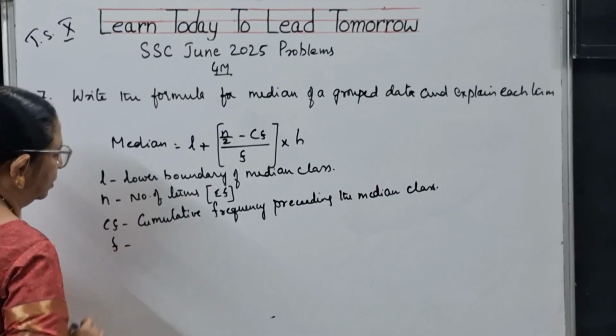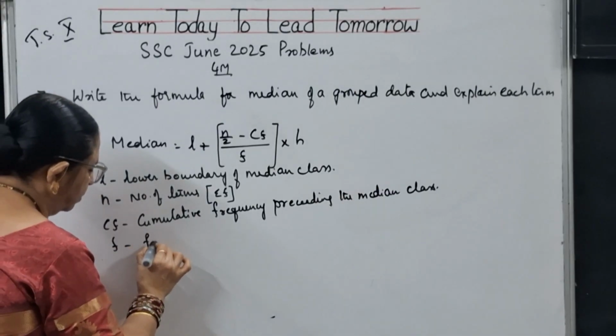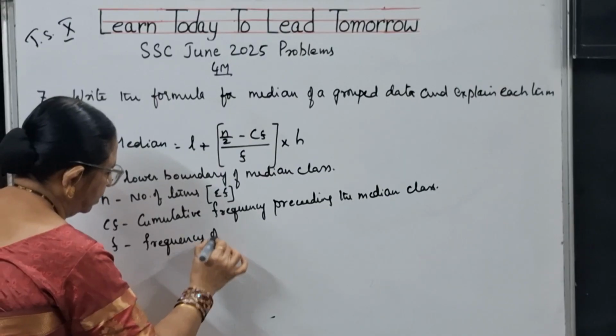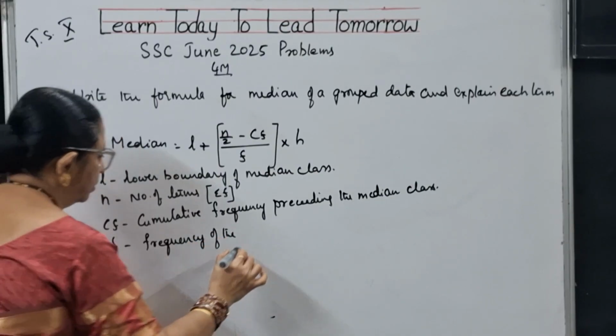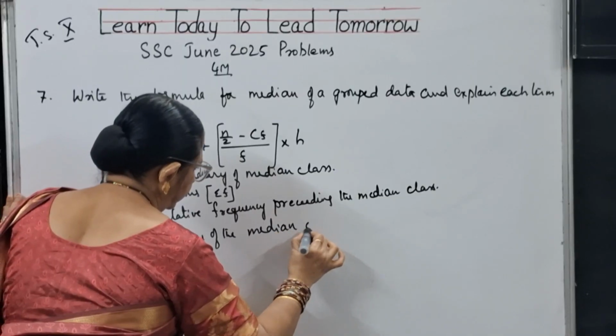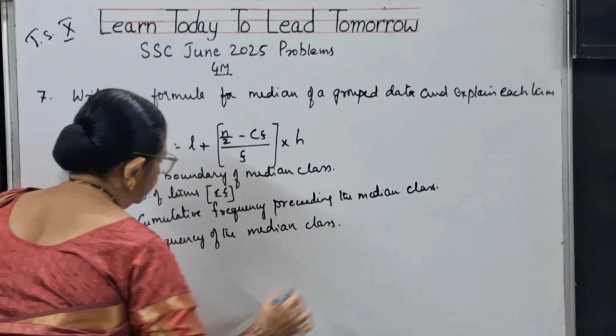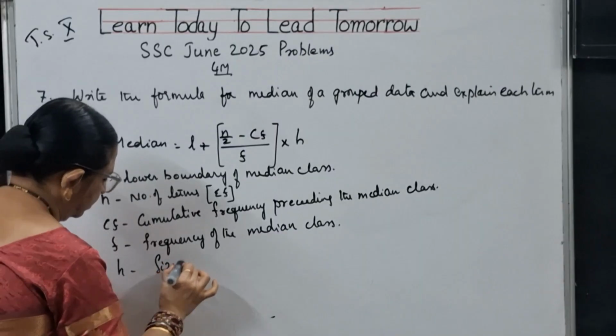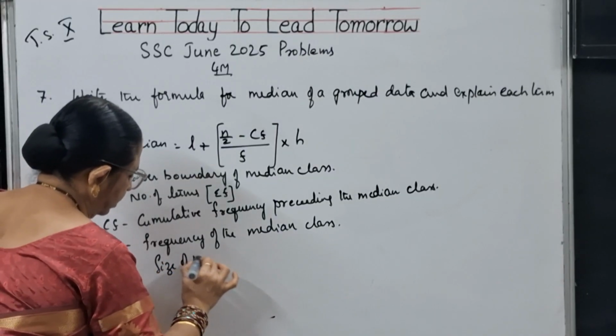So what is f? f is the frequency of the median class. And what is h? h is the size of the class.